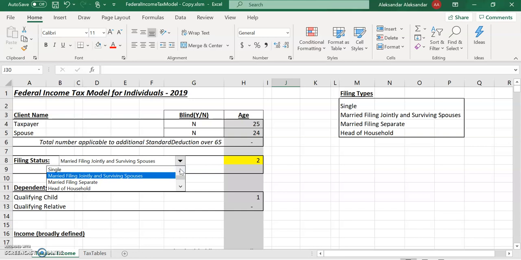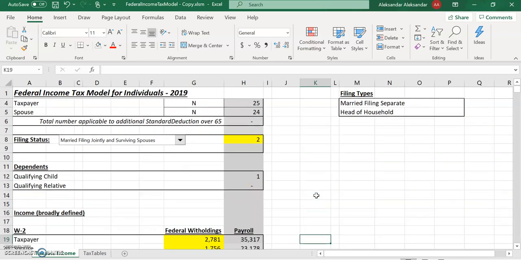There are four types of filing statuses: single, married filing jointly, married filing separate, and head of household. For our example, we're using married filing jointly, so we have a taxpayer and a spouse, and let's say they're students or graduate students that have one child.